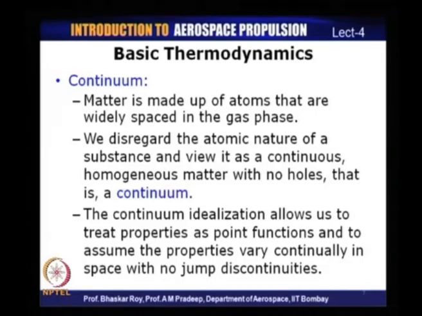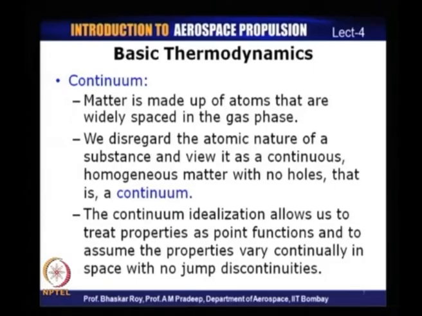So, this is what I was mentioning a little while earlier, that in the classical approach you do not want to look at the molecular level of a system, but you would like to look at the system as a whole. So, the continuum approach is what we shall be following. Continuum idealization allows us to treat properties as point functions and to assume that the properties will vary continuously in space with no jumps or discontinuities.